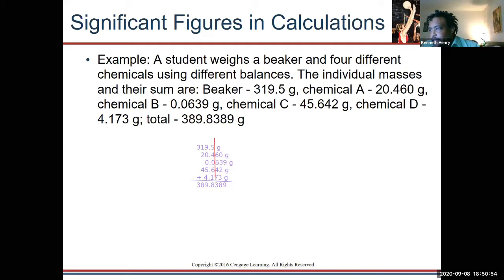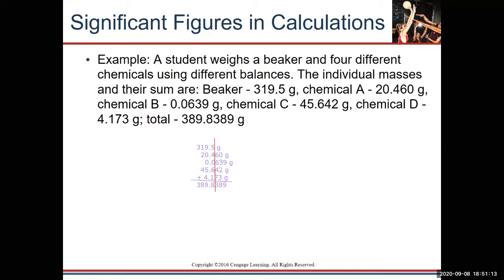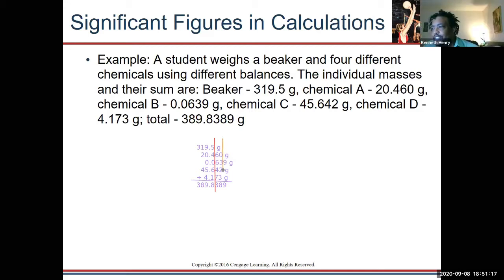Second number? After the 6. After the 6, are you sure? After the 0. It's considered a sig fig, right? Yes, the 0 is considered a sig fig in this case.